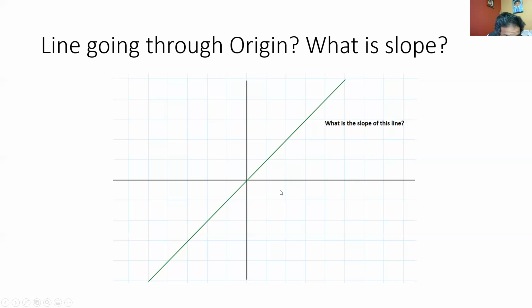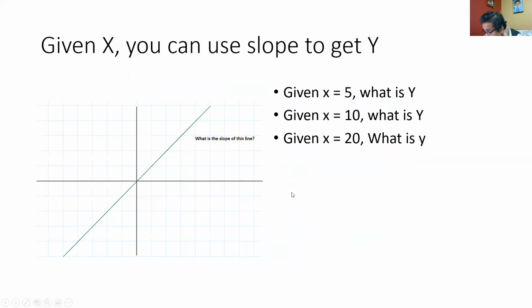Okay, so using the grids, what is the slope of this line? Given x is equal to y, what is the slope?